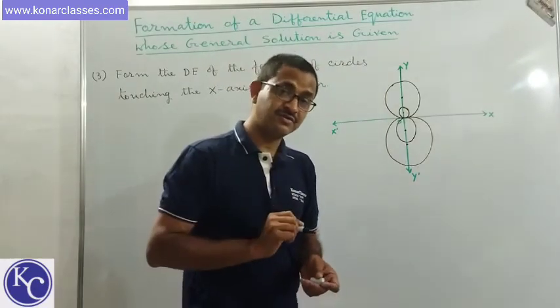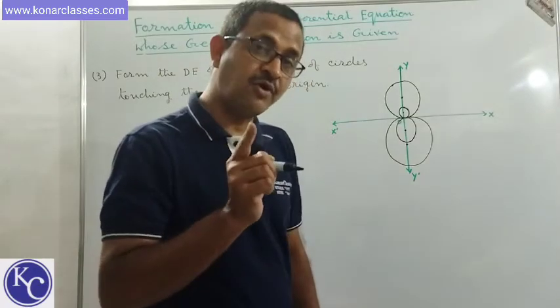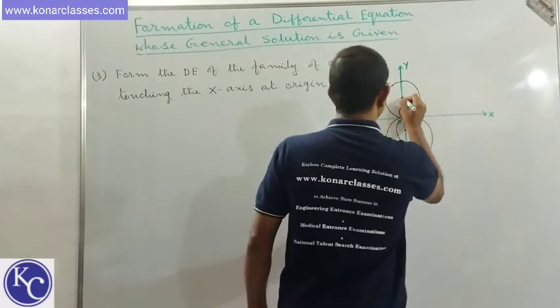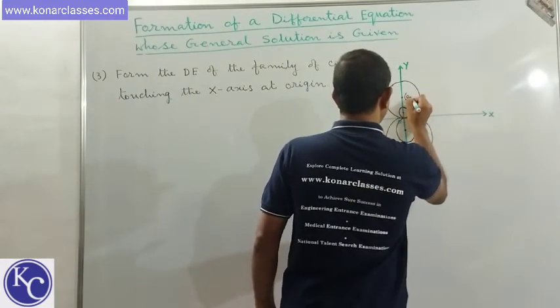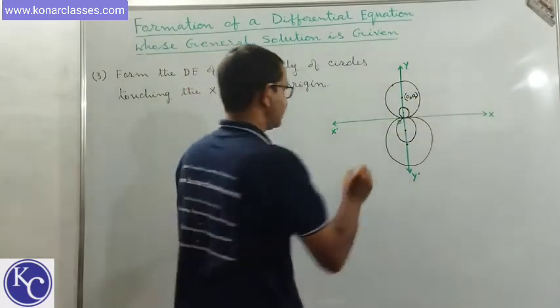And what are the centers of these circles? They are on the y-axis. Any point on the y-axis has x coordinate 0. So if we take an arbitrary circle, its center should be (0, a), where a is the radius of the circle. Correct or not?